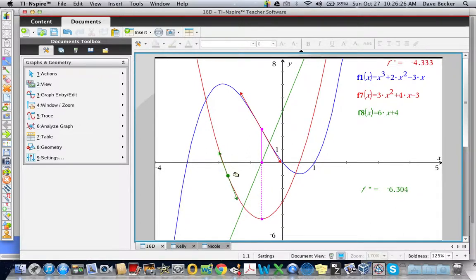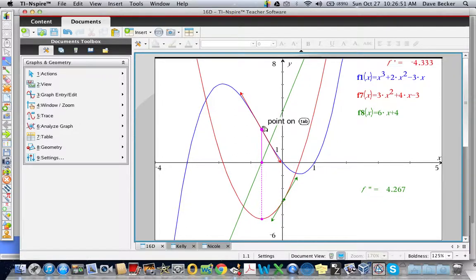So if you look down below, you can see that the second derivative is always negative, while the first derivative is decreasing. And then once it stops decreasing, once it's equal to 0, it begins to increase. And if a function is increasing, its derivative is positive. So the first derivative is increasing, and the second derivative is positive.